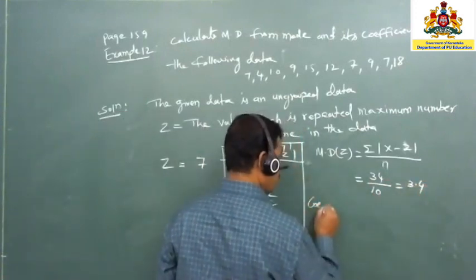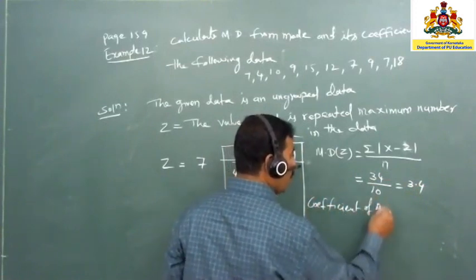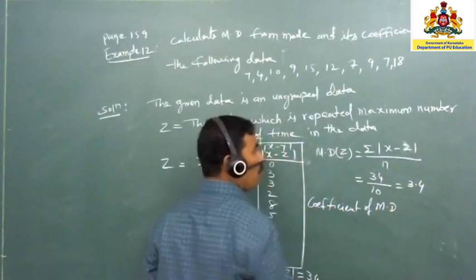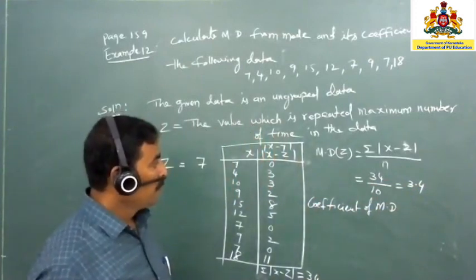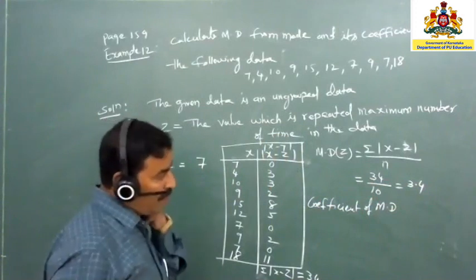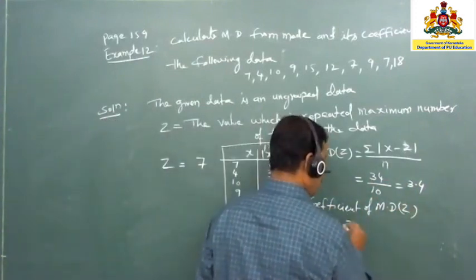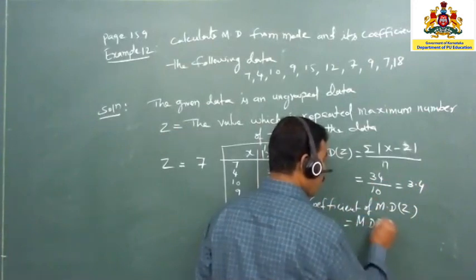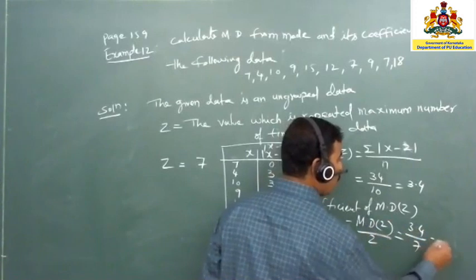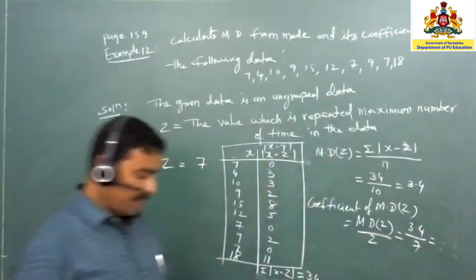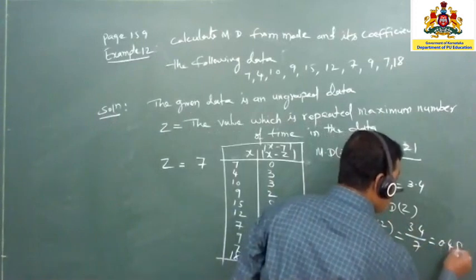Then coefficient of mean deviation from mode equals mean deviation from mode by mode. So 3.4 by 7, the mode is 7, equals 0.48.